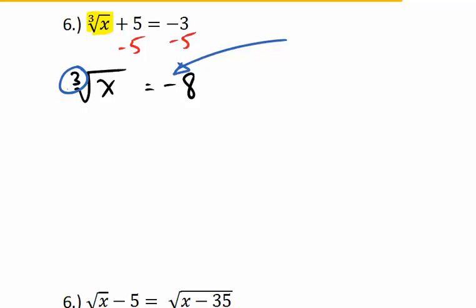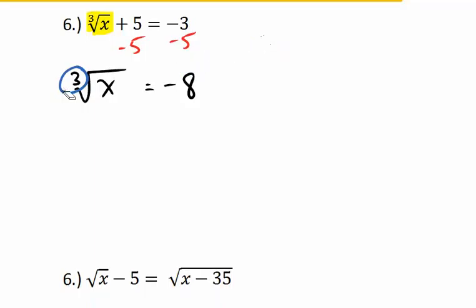It's an odd index. If you remember in previous lessons, can you have an odd number and produce a negative? Sure. The other thing that makes this a little unique is that when we go to solve this, we're not going to square it anymore. What we're going to do is take it to the third power, because the index here and the cube here will cancel out.